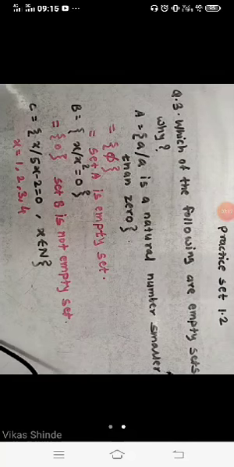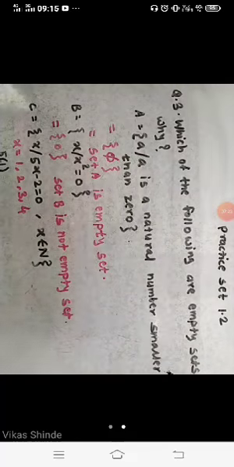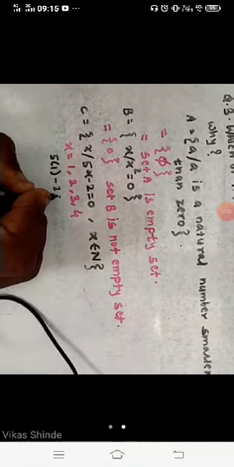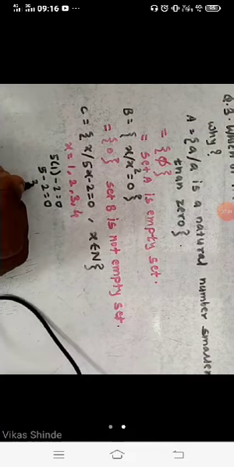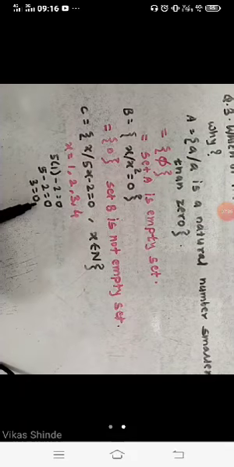So suppose I take 1 here: 3 inside bracket 1 minus 2 equals 0. 3 minus 2 is equal to 0. Here 3 left, 3 is equal to 0. Okay, this is not possible.